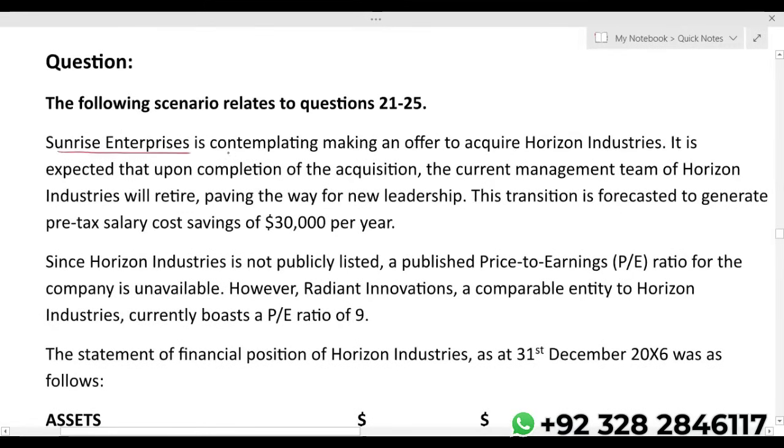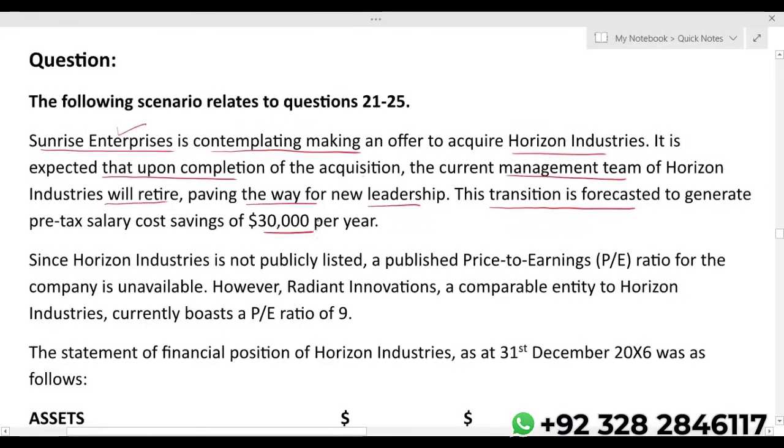Sunrise Enterprises is contemplating making an offer to acquire Horizon Industries. Sunrise wants to buy Horizon. It is expected that upon completion of the acquisition, the current management team of Horizon Industries will retire, paving the way for new leadership. This transition is forecast to generate a pre-tax salary saving of 30,000 per year.